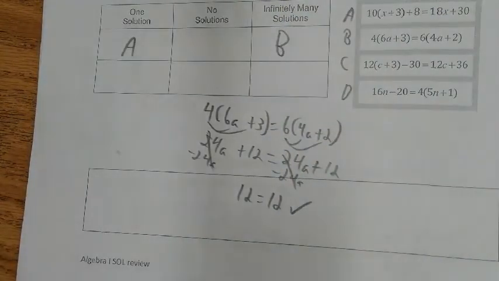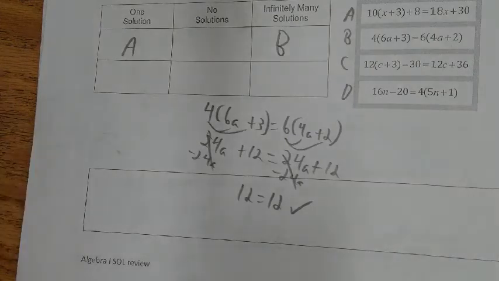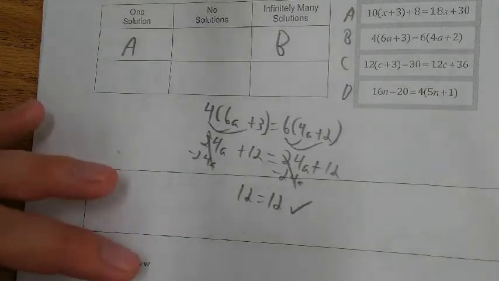So if it does not pop up on your graph, you know it's got to be either infinite or no solution. If it does pop up on the graph, just click on the point and that will tell you what it equals.